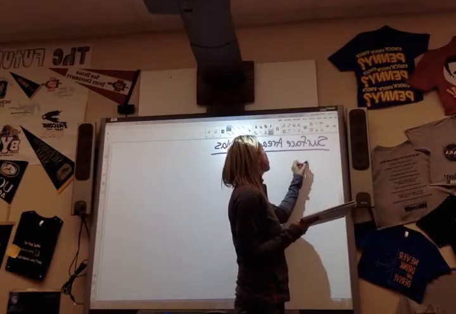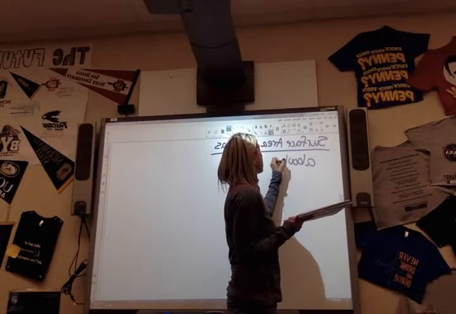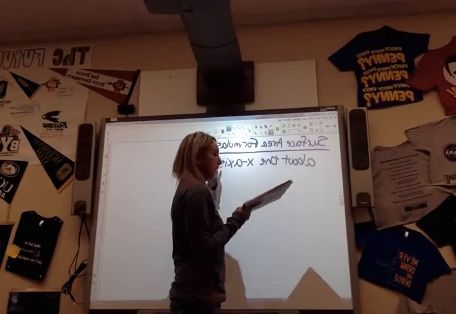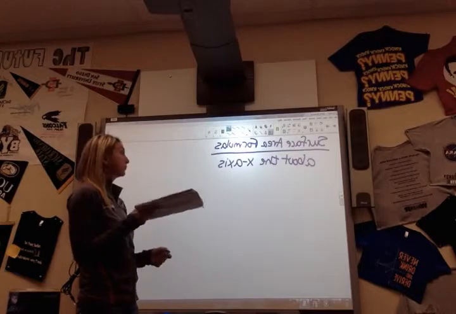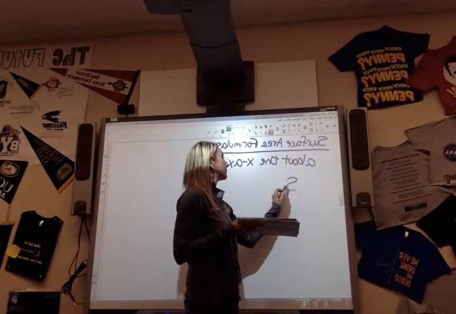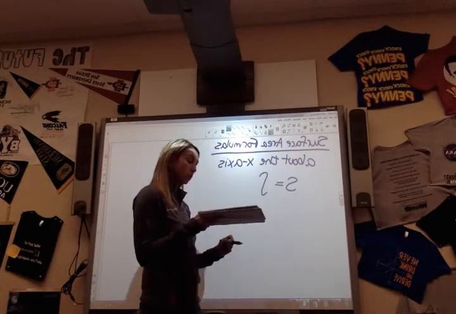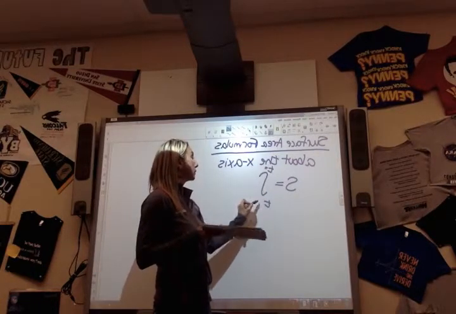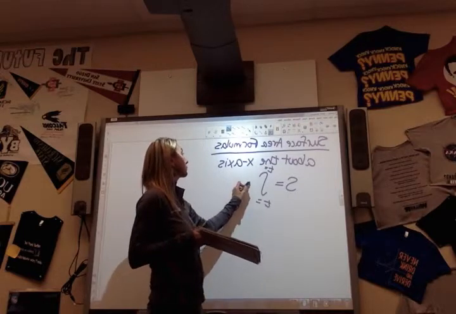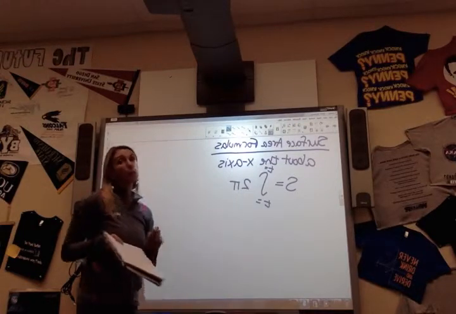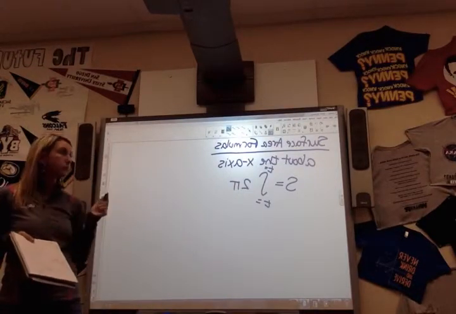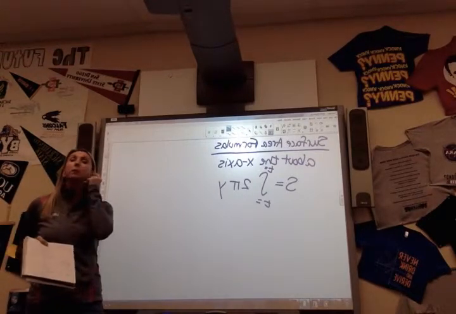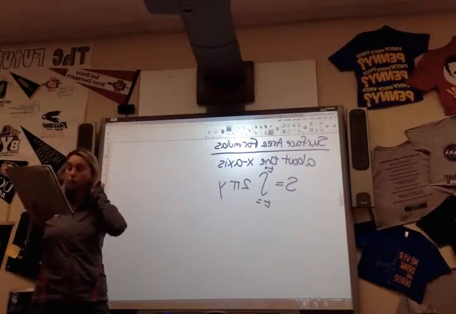If you are going about the x-axis, your surface area formula is the integral, again in terms of time, of 2 pi y. But remember, it's in terms of time, so it's not just the letter y.